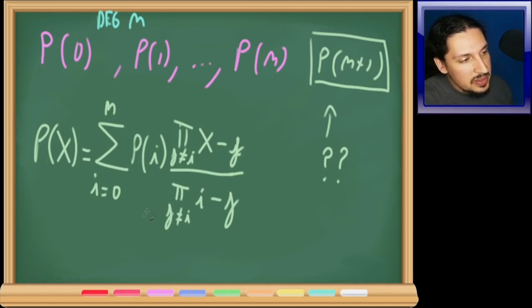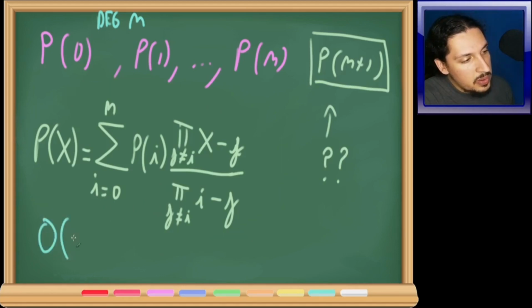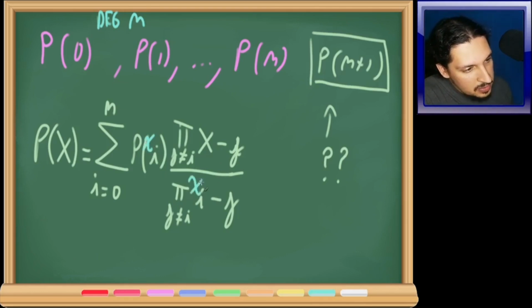But okay, how do you use this? First, let me notice that in general, you can use this expression to evaluate in O(n squared) time. The only difference is that instead of using i here, this is actually x_i, the points where I am evaluating, and here the ith point is actually just i. But in general, this is the only difference.